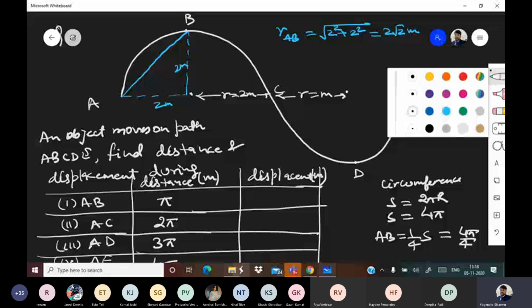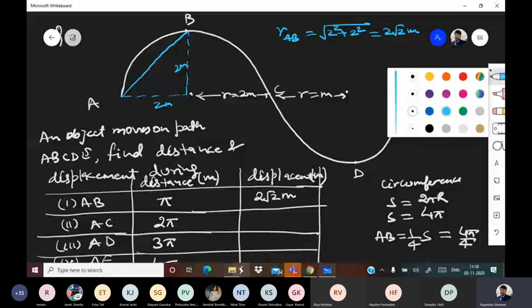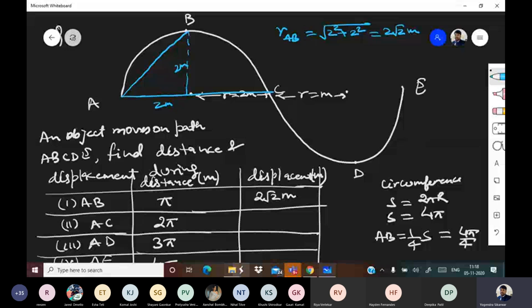Now comes R_AC. R_AC will be 2 plus 2, which is 4 meters. R_AC is equal to 4 meters. Then comes R_AD. So this is 6.